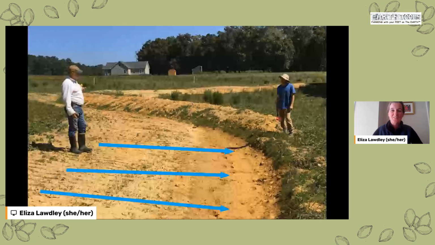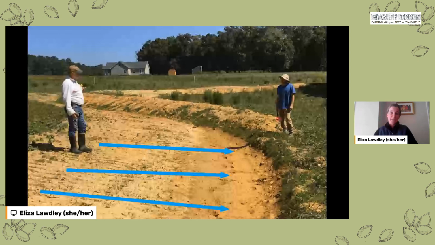So P.A. Yeoman developed keyline design in Australia in the 1950s, and Mark Shepard has brought it to North Carolina and also to other farmers in the United States with some twists and unique elements to his work.